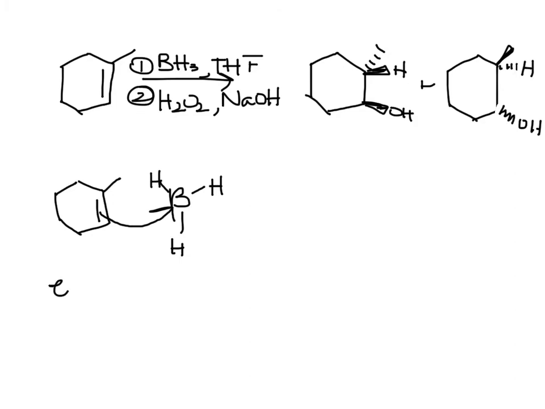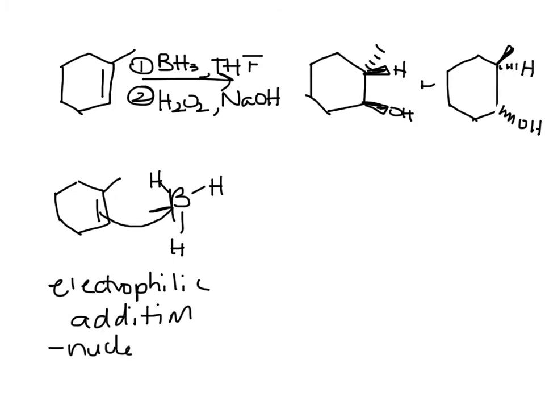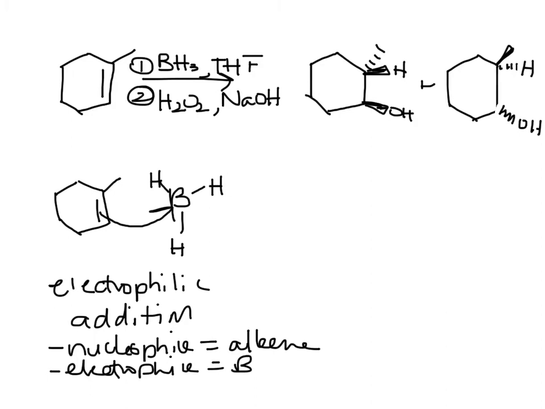We have electrophilic addition, where the alkene is the nucleophile. The electrophile is the boron. At the same time, we're going to break the boron hydrogen bond.